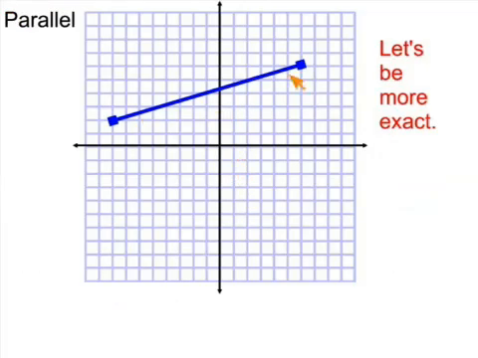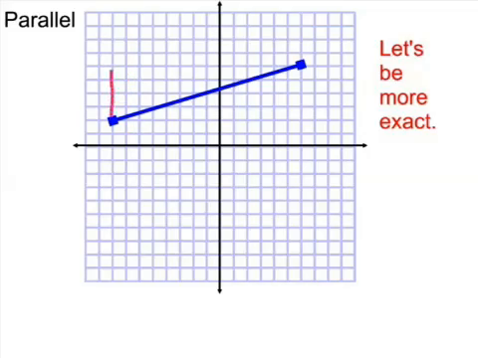Here we have a blue line, and it apparently starts right here and goes to here. Let's figure out the slope of this line, so we can get to know the line a little better. It looks like it goes up 4. Right, so I'm going to write that down.